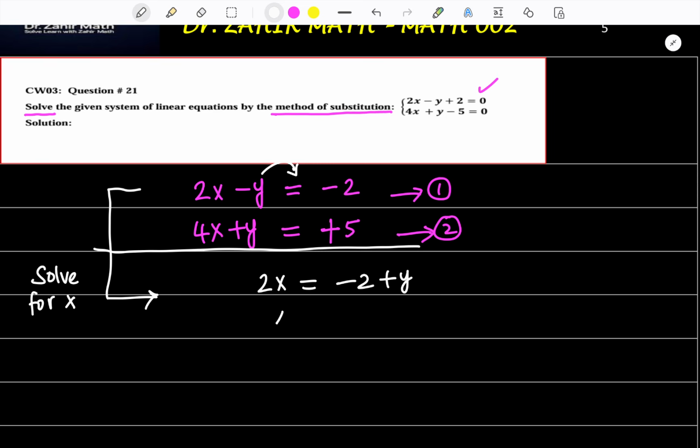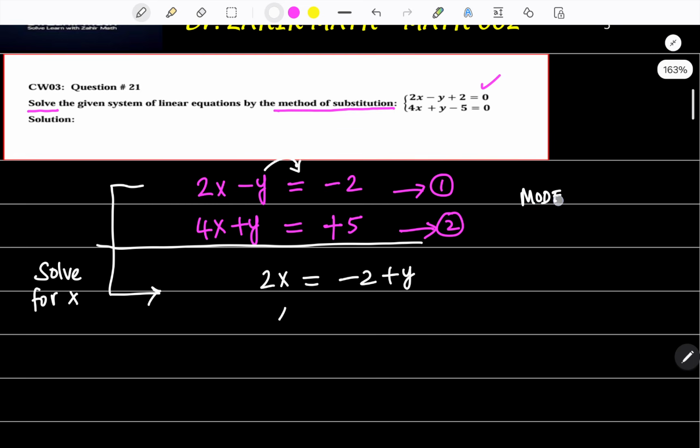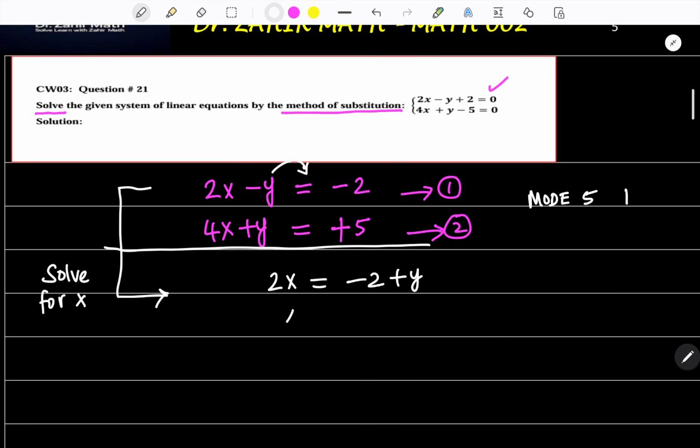So I will also check this one. Again, you go for mode 5, and then 1. When I press mode 5, 1 and then 1, you'll get 2, minus 1, minus 2. Always this constant must be on the other side, that is, after the equal sign.